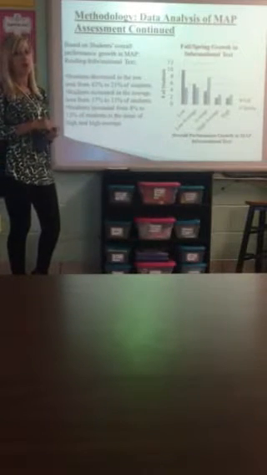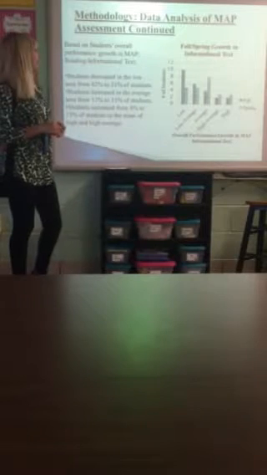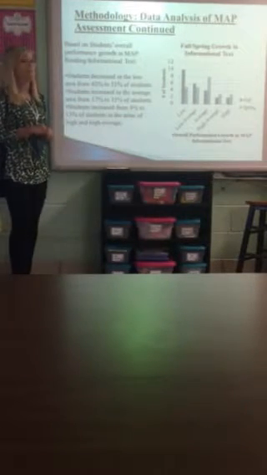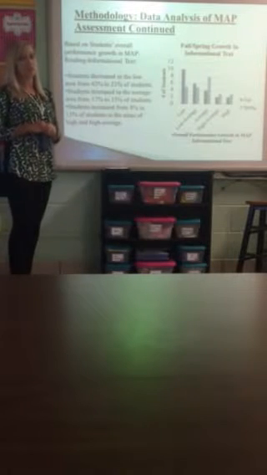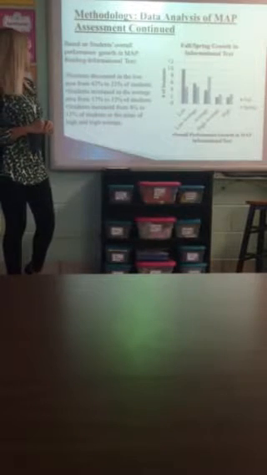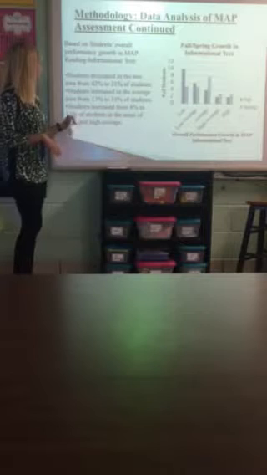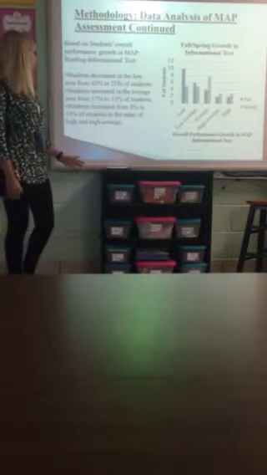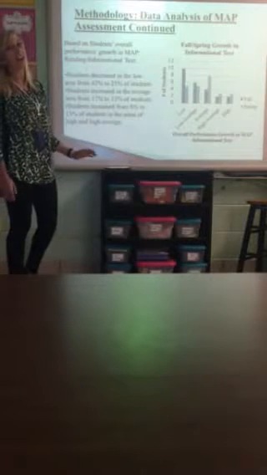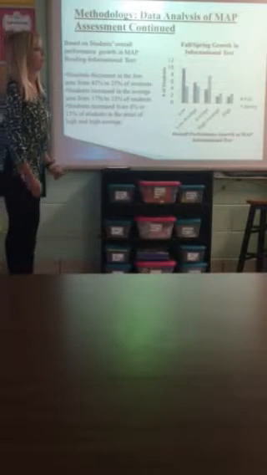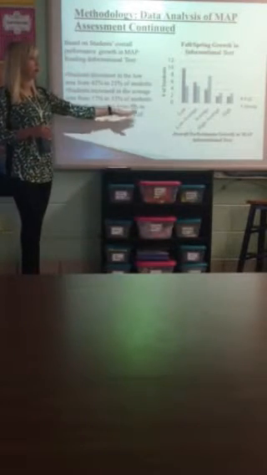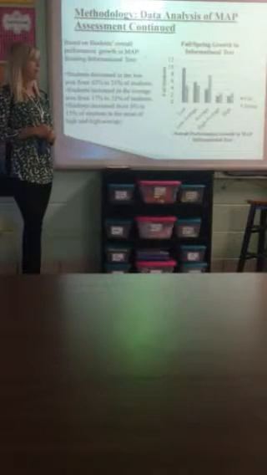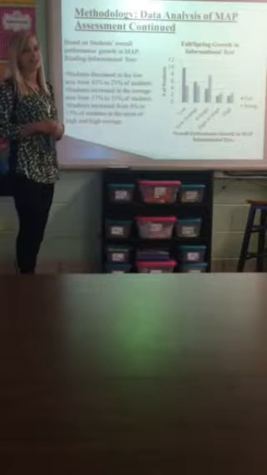That was from the fall to the spring. And I also had students that increased in my area of average from 17% to 33%. And then I had an increase from 8% to 13% of students who were actually in the high and high average area. So I did see improvement and growth through my students' areas on the MAP assessment in informational text.